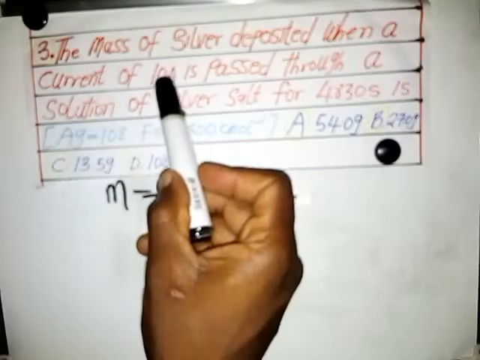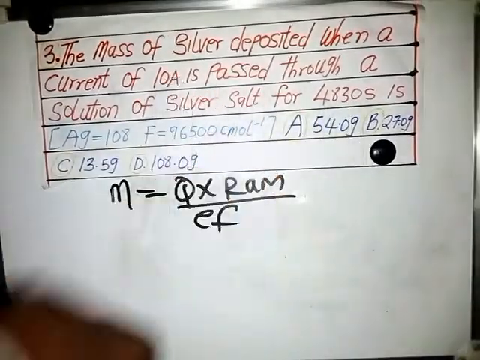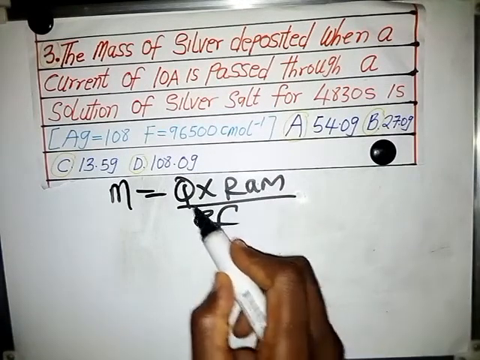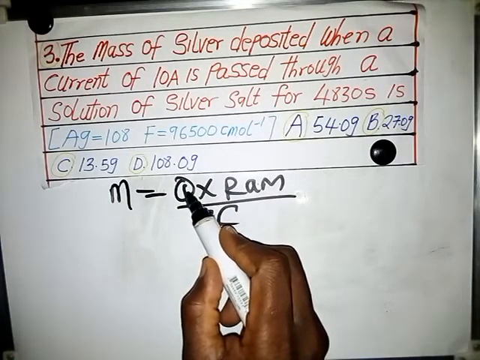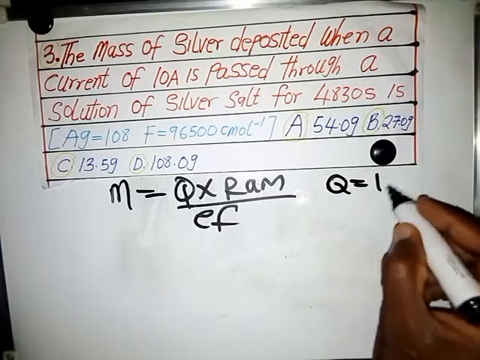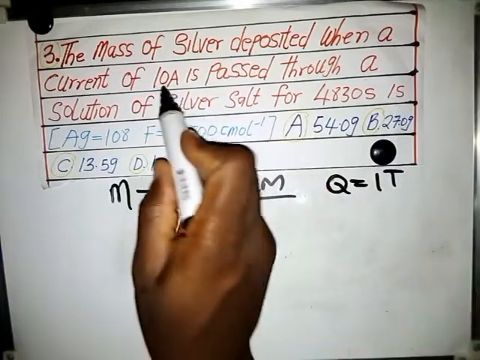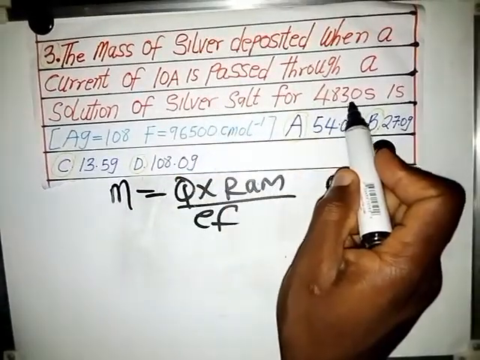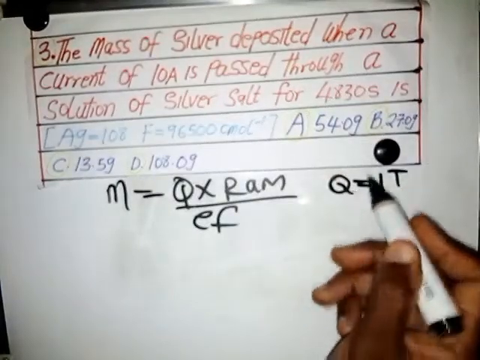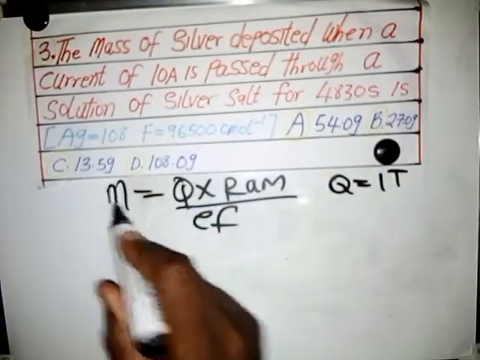We're only given time and current. But we know that Q is equals to IT. Our current is 10. Our time is 4830 seconds. So I'll first of all calculate Q, then put it into this equation so that we can get the mass.